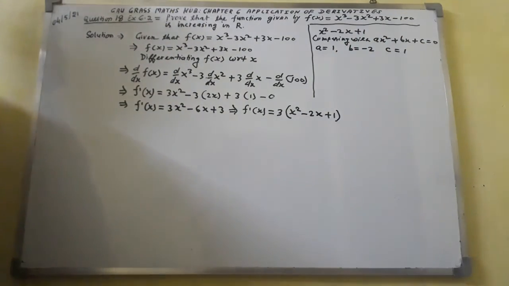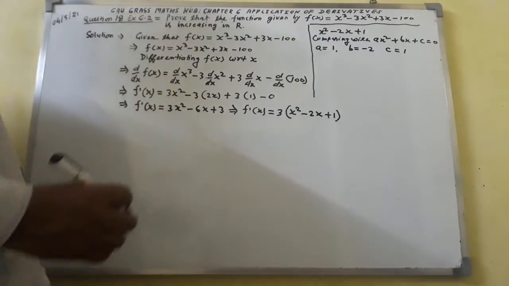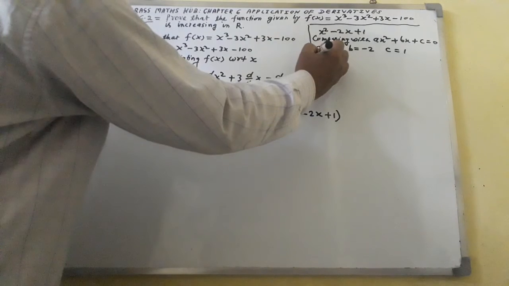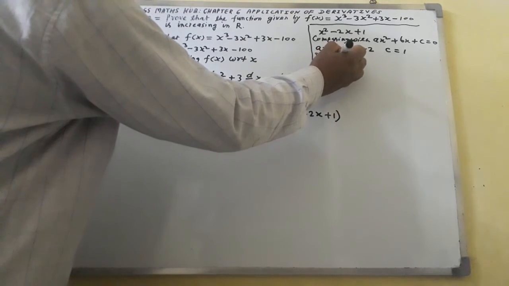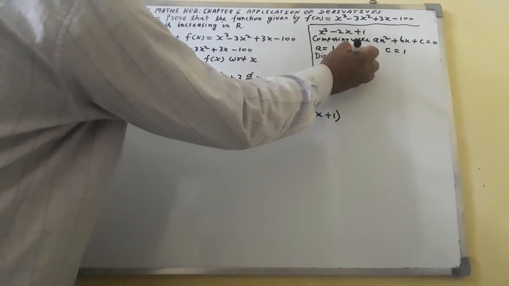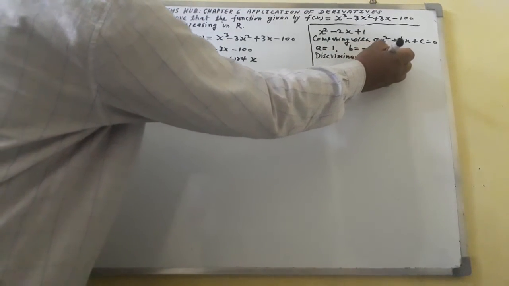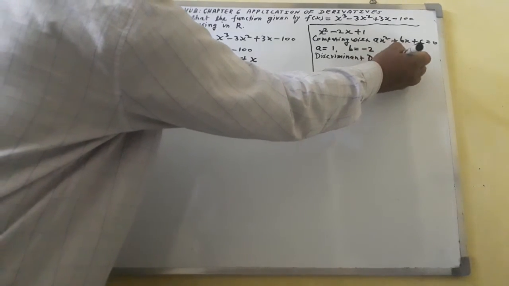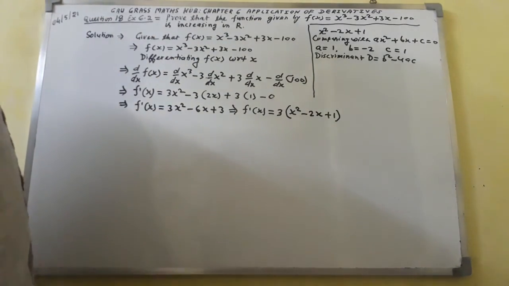Now I shall use the discriminant here. The discriminant, capital D, is equal to b square minus 4ac. Let us see what the value of the discriminant will be.